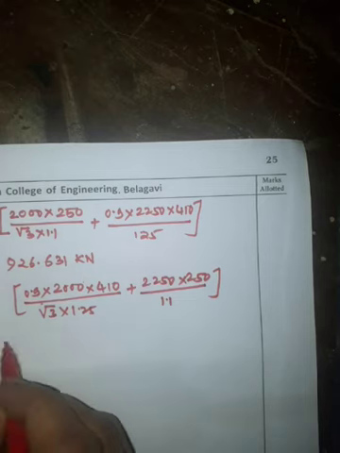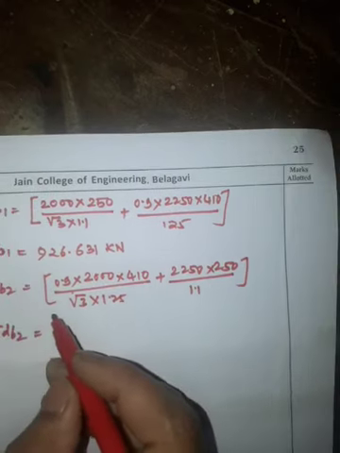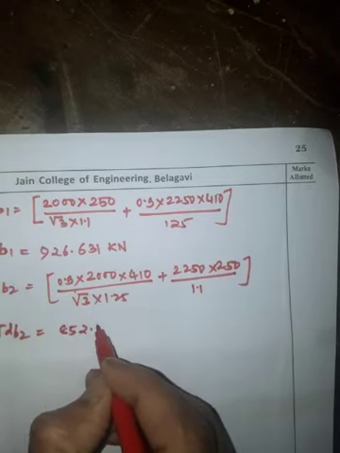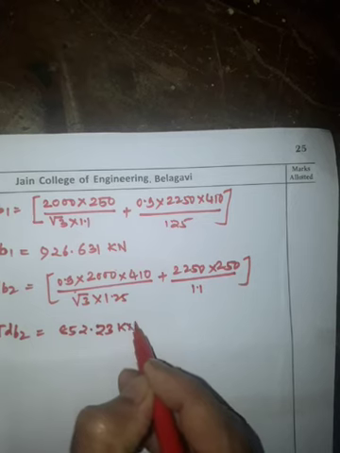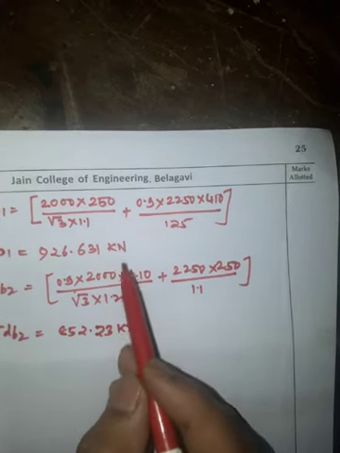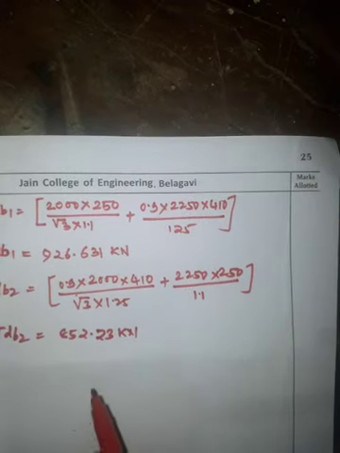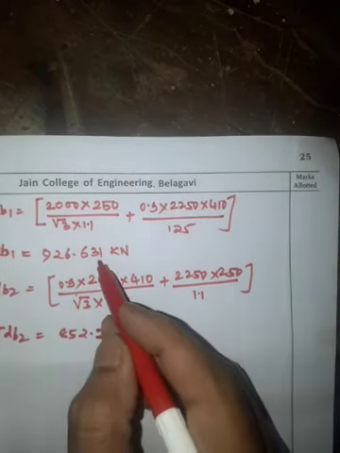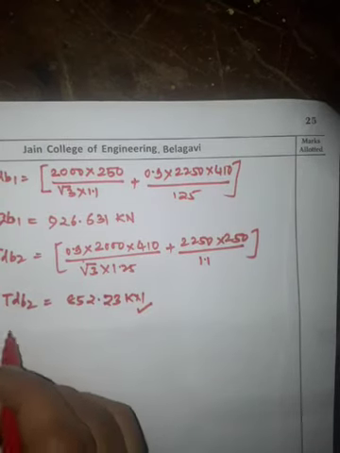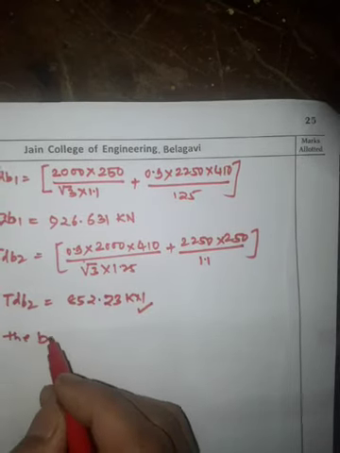This answer you will get as TDB2 equal to 852.23 kilonewton. You have to take the value of block shear that is the least between TDB1 and TDB2. So our block shear strength is the least between these two, which is 852.23.